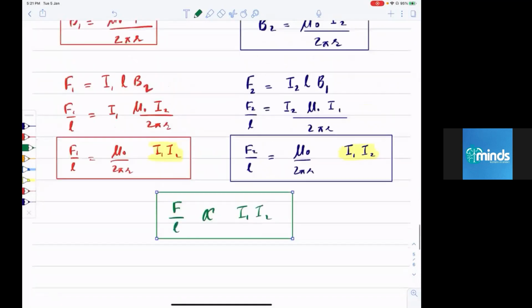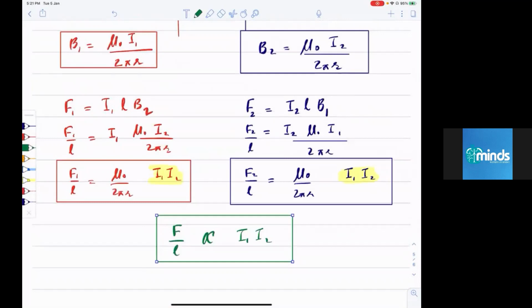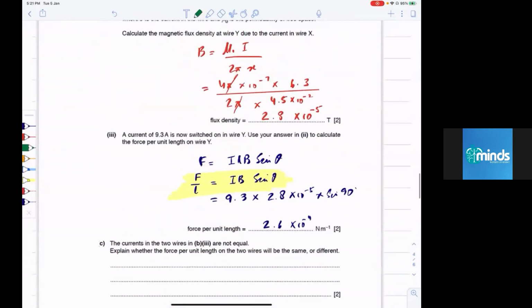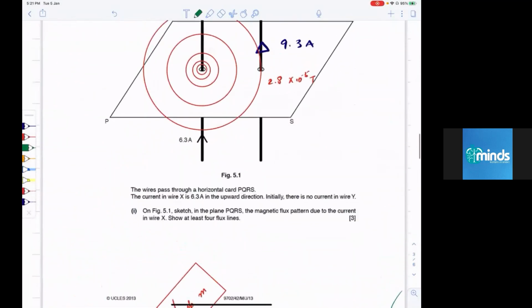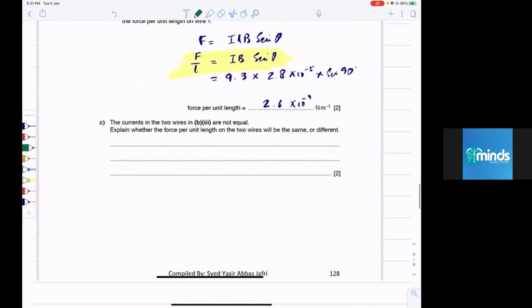Okay, so this is a difficult way, but I feel this is something that, if you mention it in the answer, is nothing like it. Because here there are two wires, x and y, one answer is the action reaction thing. So force should be the same.